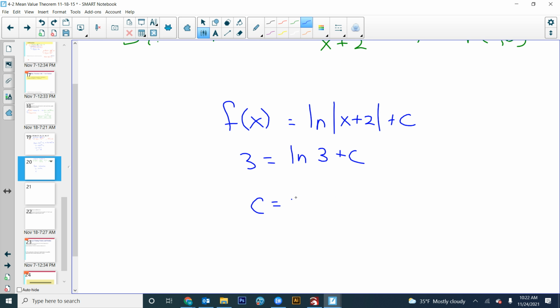So C is 3 minus ln 3. Our exact equation, it's called the particular solution, is ln absolute value of x plus 2, plus 3 minus ln 3, is what I got. Beautiful.